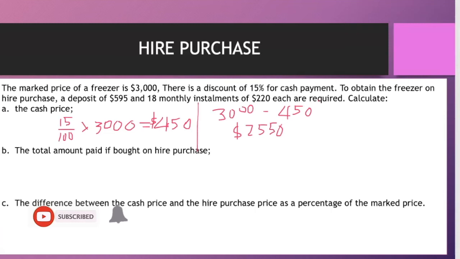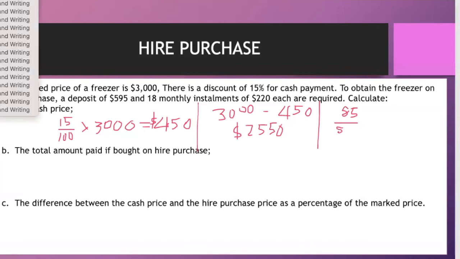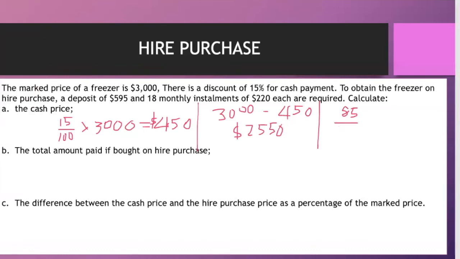Another way that we could do this, since it's a discount of 15%, it means that we'll be only paying 85% of the freezer. Because if I'm getting a discount of 15%, it's out of 100. How much am I paying? I'm paying 85%. So I can find 85% of the mark price.